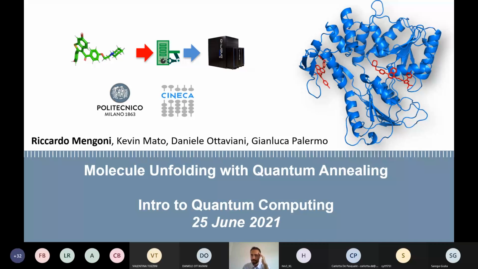So what you can do is something very close to basic research. Probably the quantum annealer is closer to some practical application, but still we have to understand if it can provide some advantage for specific problems.